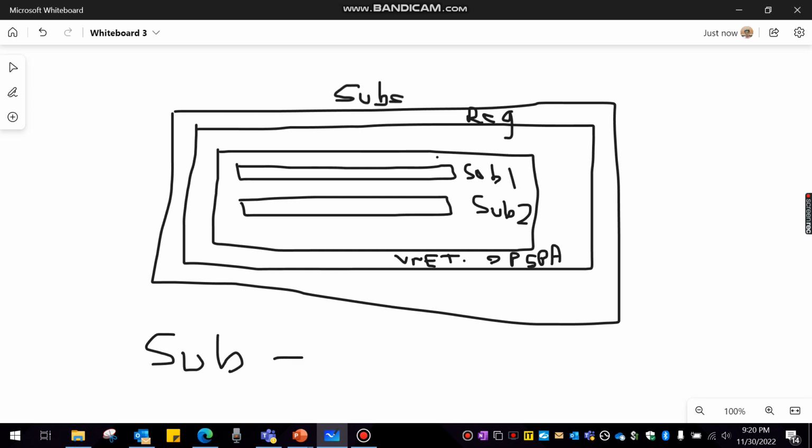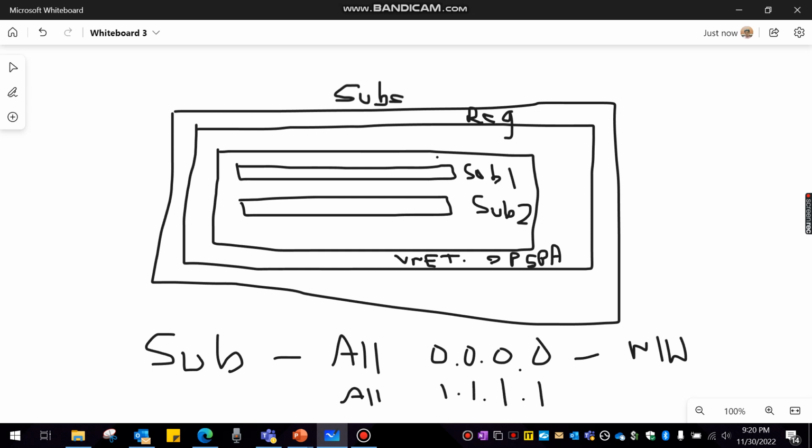One is all zero, which is the first IP, called the network address, and the last IP, which is all one, known as the broadcast IP, which stands for 255.255.255.